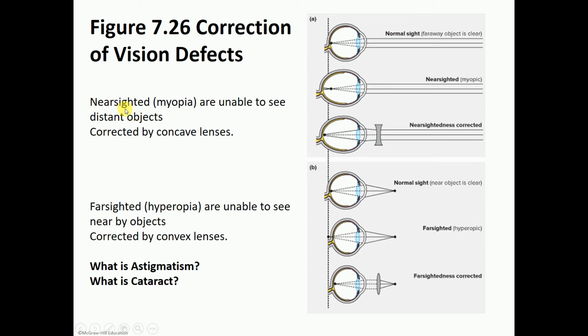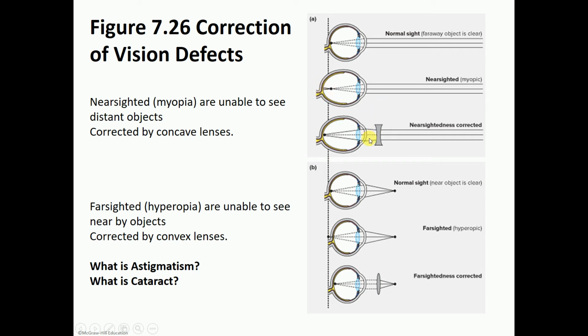But in the case of nearsightedness, also known as myopia, nearsighted patients are able to see near things, so they have no problem reading, but they cannot see distant objects. So you can see here, this is normal sight. In nearsighted individuals, the rays are focused before the fovea, so by the time they reach the fovea, they are all messed up again.